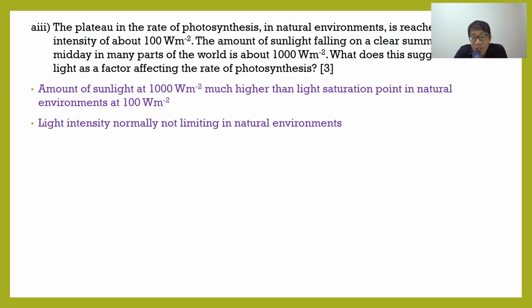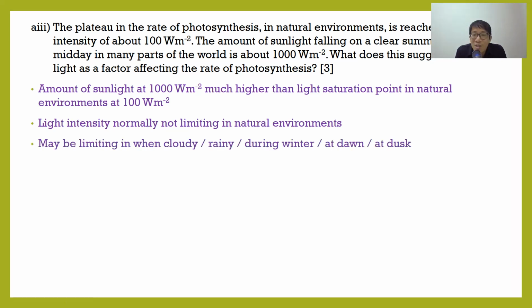However, there will be instances when light intensity can be the limiting factor, because the information tells us this 1000 W per meter square is only for a clear summer day, at midday. So when it is not clear, when it's not summer, and when it's not midday, then the light intensity can be quite low. You can imagine, such that light intensity may become limiting.